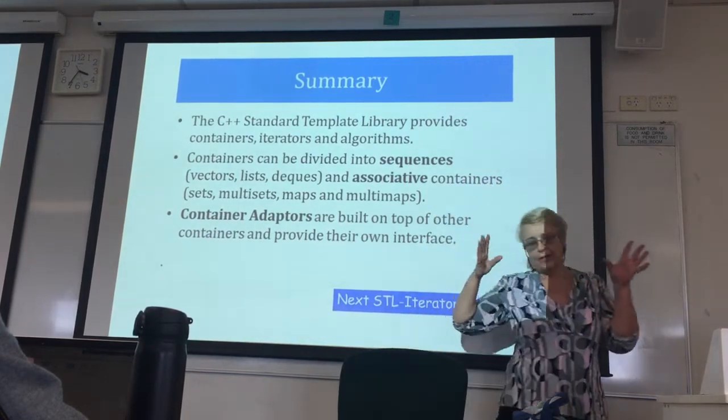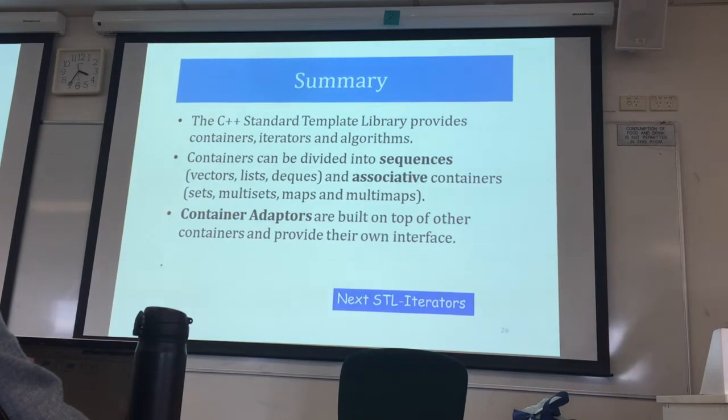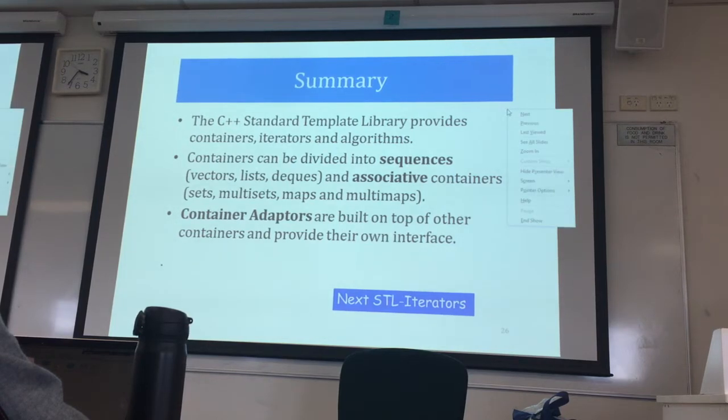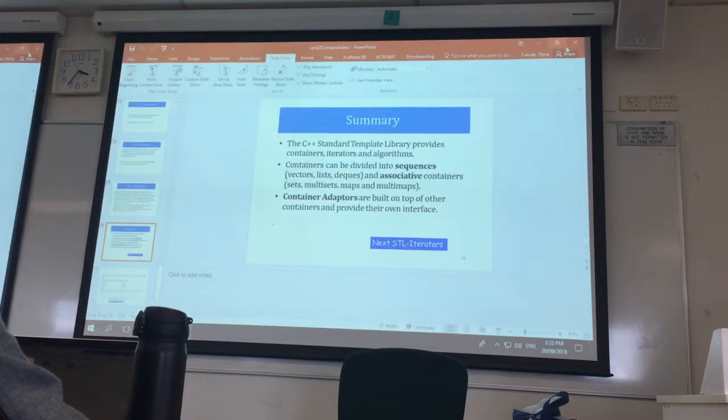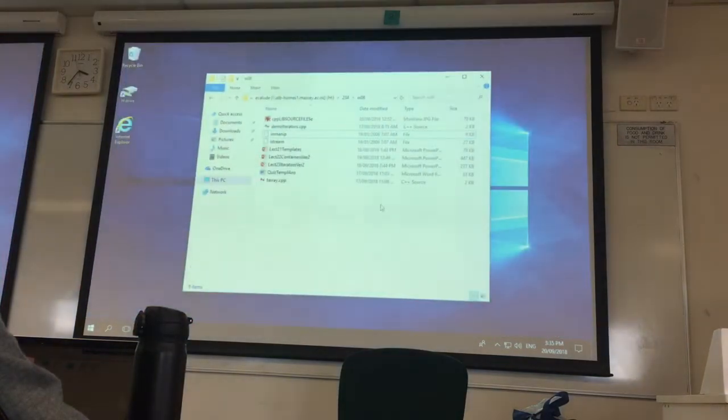Containers are there to help you, maybe if you are taking data structures, to know that you have stacks, queues, and lists available. Stacks, queues, and priority queues are available as containers in C++, and you can use them. You don't have to create them from scratch.